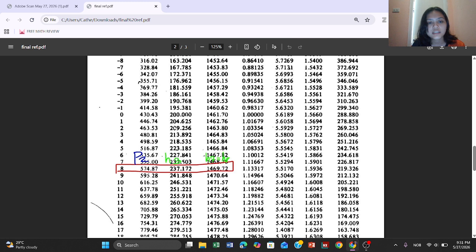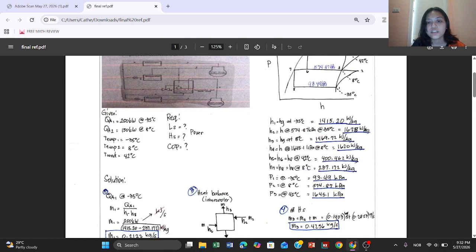I'm sorry for this interchange, it was just an interchange during my editing of this PDF. So the Hg at 8 degrees Celsius, this is the Hg line and 8 degrees Celsius. We can get the H3 of 1469.72 kilojoules per kilogram.